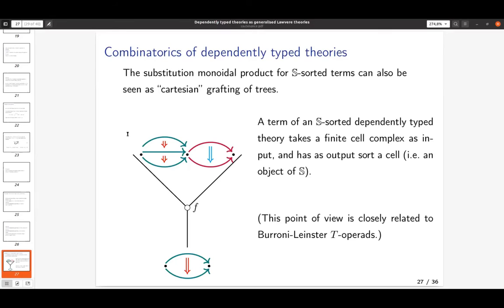And so grafting these operations together is grafting cells onto cell complexes. And this point of view is not new, it's quite old. This is the point of view behind Albert Burroni's T-categories and Burroni-Leinster T-operads.